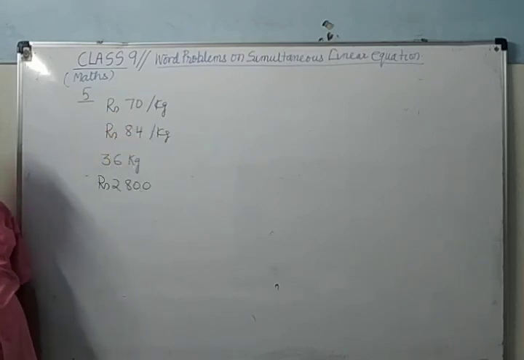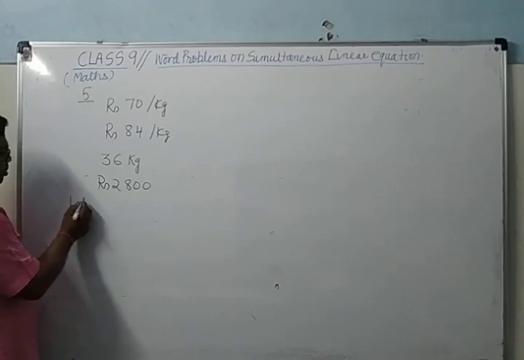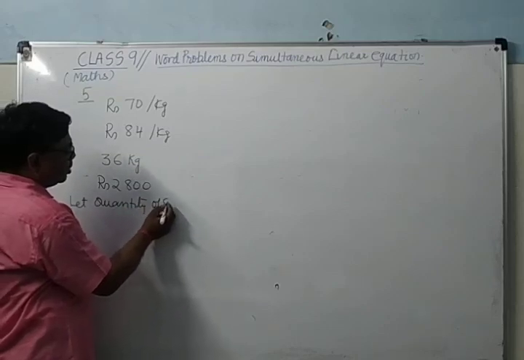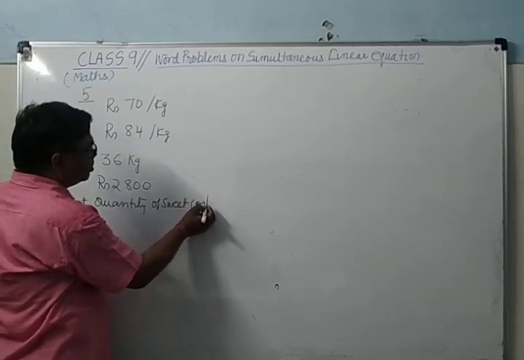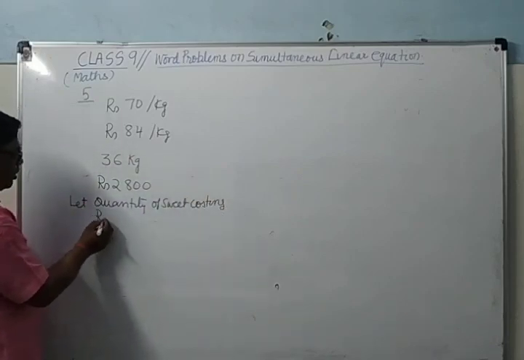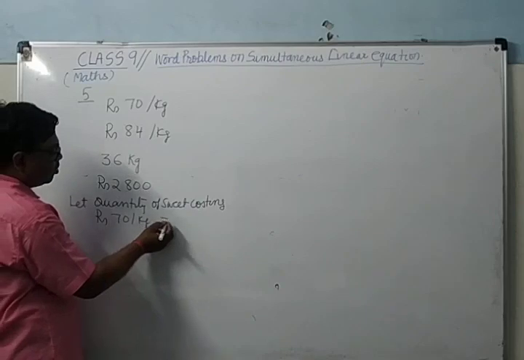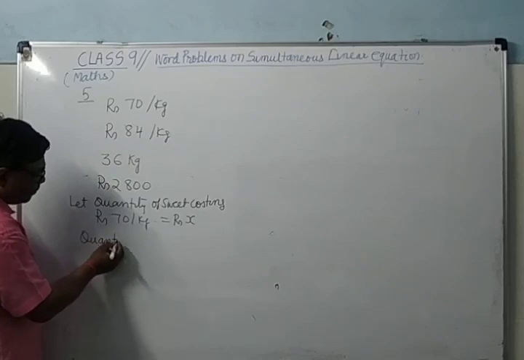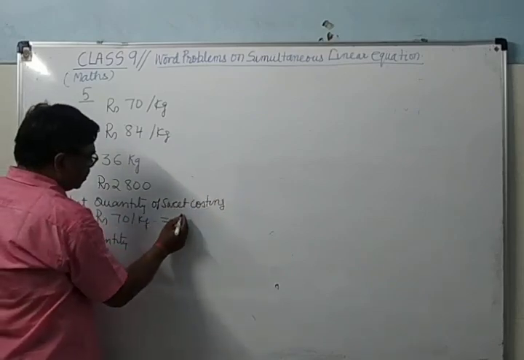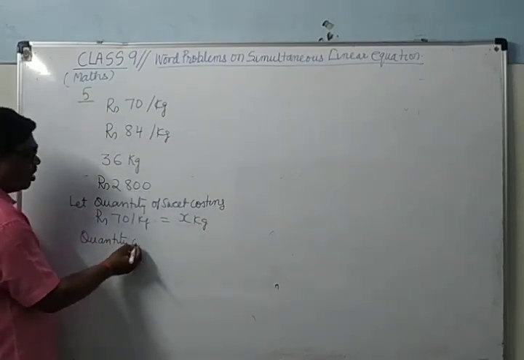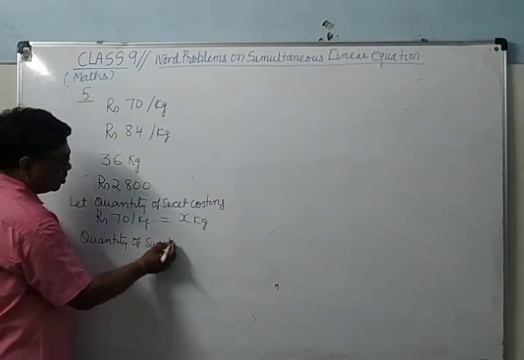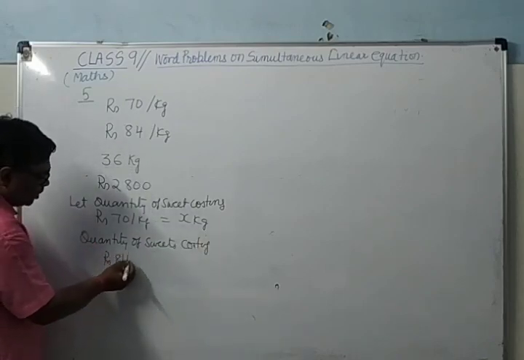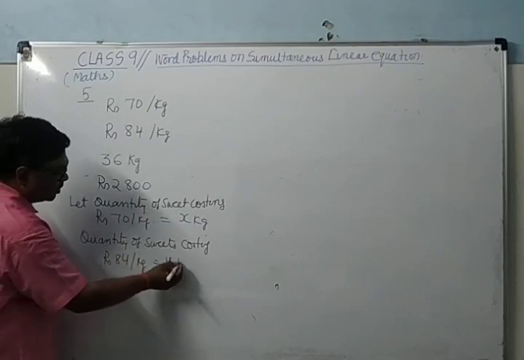So you assume, let quantity of sweet costing ₹70 per kg equals X kg, and quantity of sweets costing ₹84 per kg is Y kg.